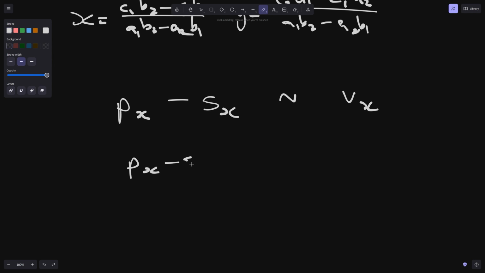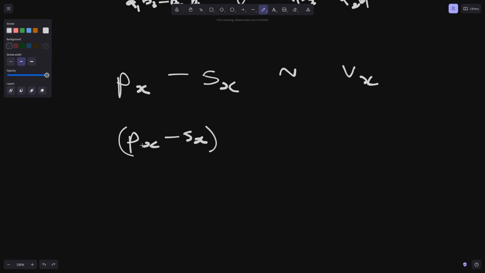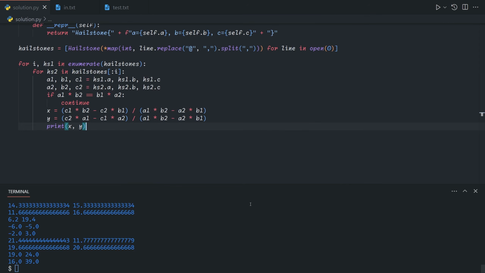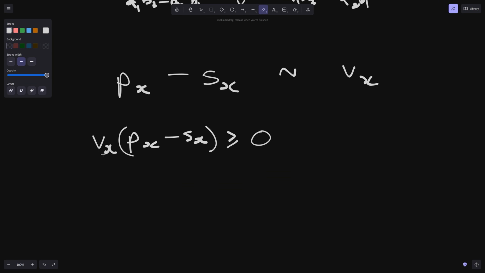And so since we know that multiplying two negative numbers gives us a positive number, we can just check that this is not negative. And we want to do this for all of the coordinates in case some of them are 0. But if none of them are 0, if we're guaranteed that, which I'm not sure if we are, we actually only need to check one set because they'll all be tied together.